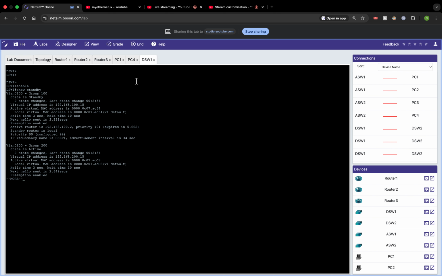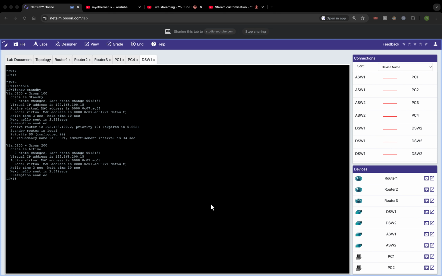For HSRP, let's not get confused. You've got HSRP version 1 and version 2, and they have different MAC addresses. So this is version 1's default MAC address, 0000.0c07.acxx.